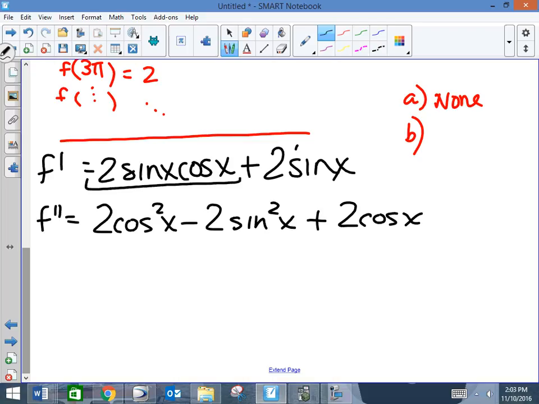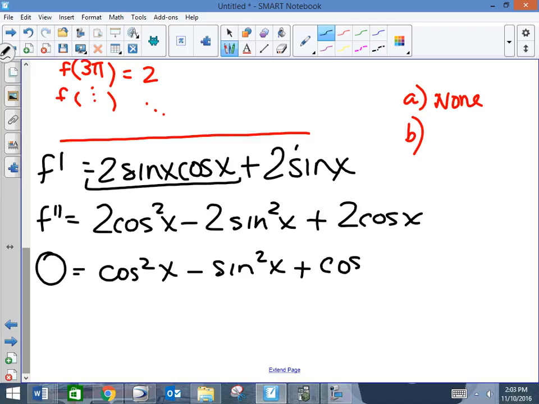Okay, now, we've got cosine squared and sine squared and a cosine. So we probably, in order to solve this and get critical values, we probably want to do what? To solve. We can't really factor with a cosine squared and a sine squared in there. We'll pull out a 2, sure. Not what I had in mind, but that's a good start.